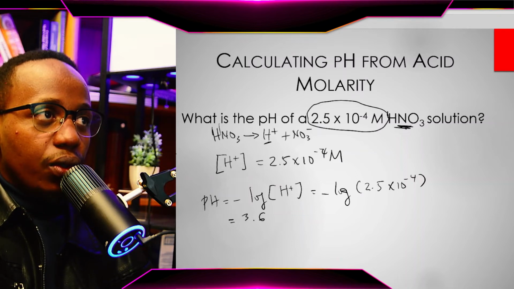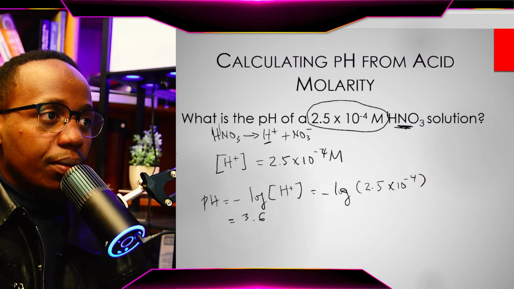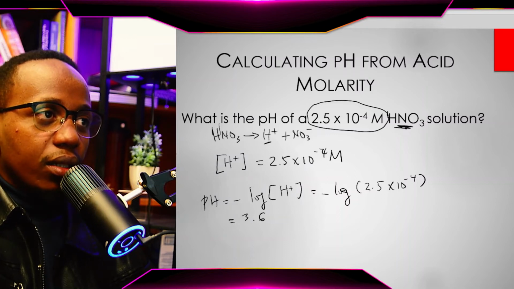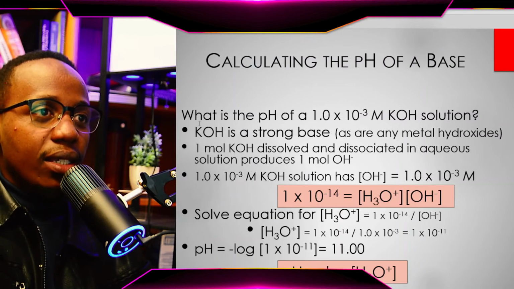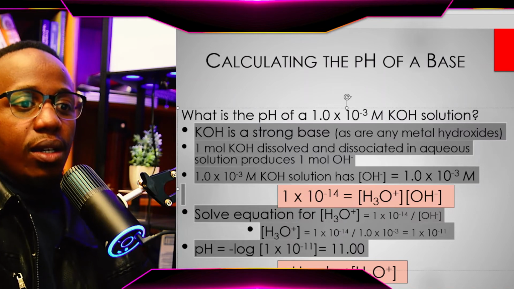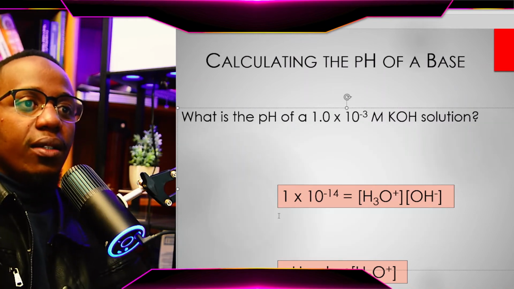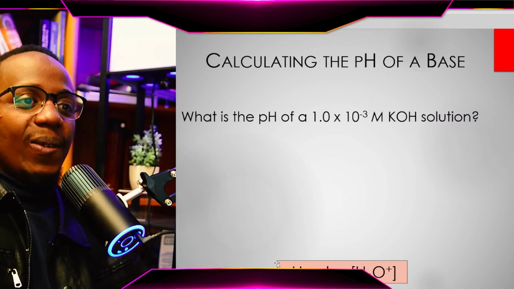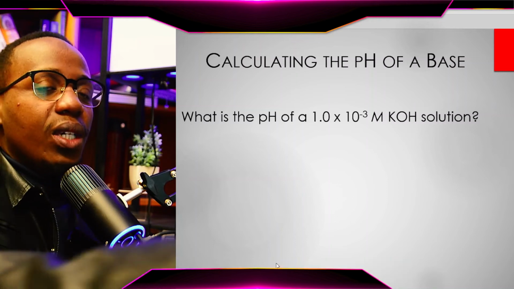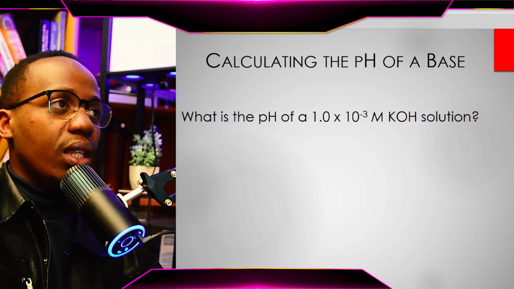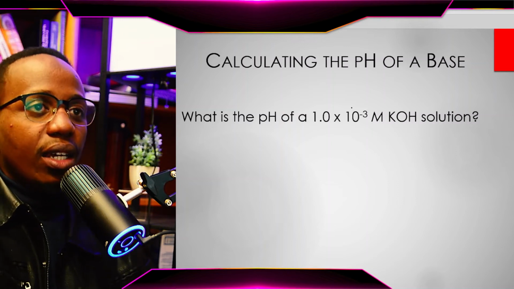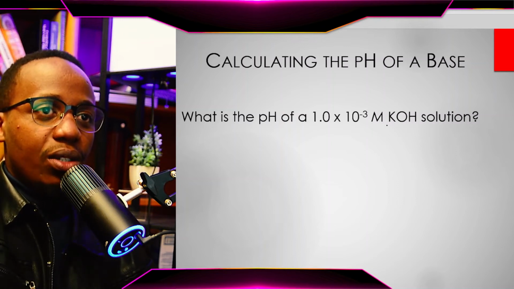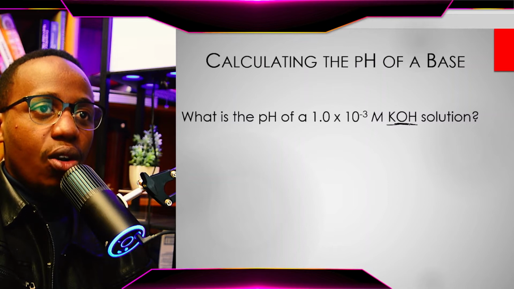Now, what if it's a base? It's not an acid now, it's a base. They gave us KOH, so they didn't give us the H plus concentration. If they gave you KOH, guess what they gave you?